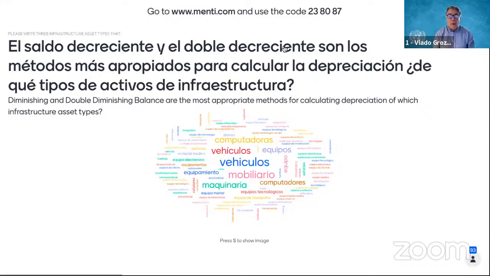Also, for example, for the computers after 2nd, 3rd year, they should be replaced or renewed. That's why these methods are called accelerated methods for calculation of depreciation. Now we're going to see, next slide, please. Thank you very much.